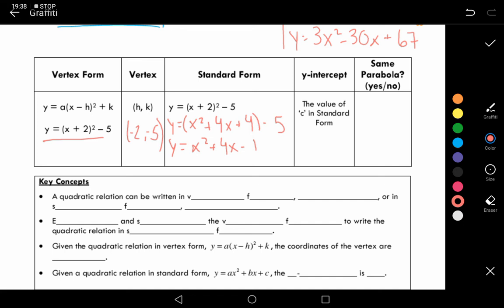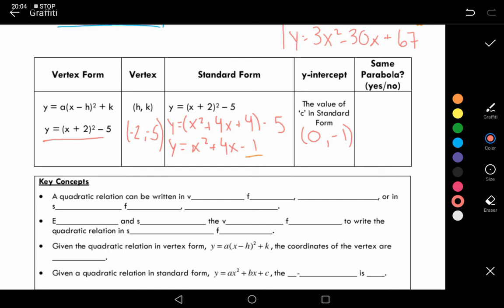Okay, the y-intercept is the value of c in standard form. So we can see, as soon as we have this in standard form, that my y-intercept is going to occur at (0, negative 1). Okay, the reason for the 0 is that your y-intercept, remember, for it to actually cross that y-axis, your x value has to be 0.